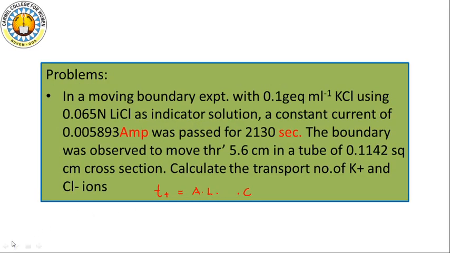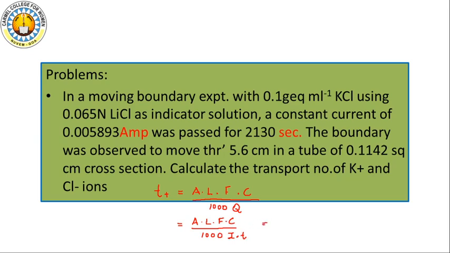What we missed here is F, that is the Faradays, 96,500, divided by this full thing divided by 1000 into Q, and Q is nothing but equal to IT. This is A, this is L, F, C divided by 1000 into I into T.